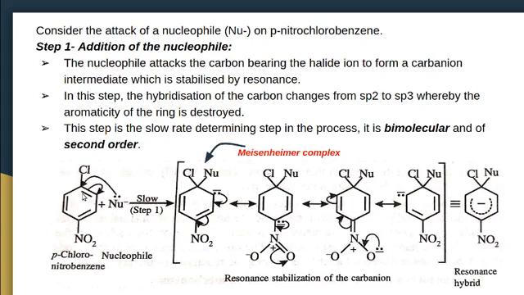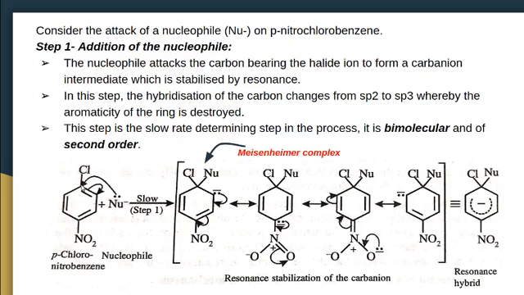Step 1 for this mechanism is the addition of the nucleophile. Here the nucleophile adds to the compound. The nucleophile attacks the carbon bearing the halide to form a carbanion intermediate which is stabilized by resonance. When the nucleophile attacks this compound, these pi electrons will shift to this carbon, so that this carbon becomes positively charged and this carbon becomes negatively charged.